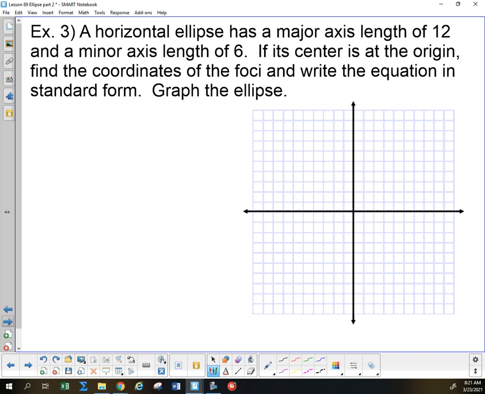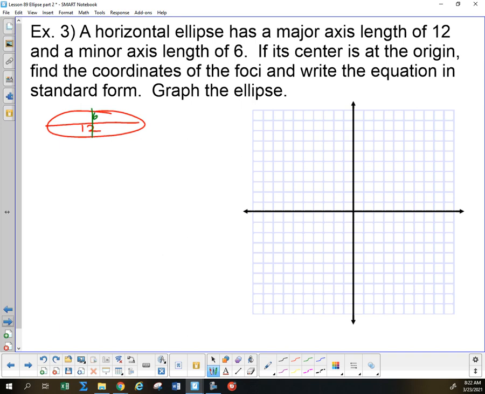So, okay, this time they aren't telling me vertices or foci. They tell me it's horizontal, and that much is 12. So that's going to have to be my bigger denominator. And going this other way, they tell me it's going to have to be 6.